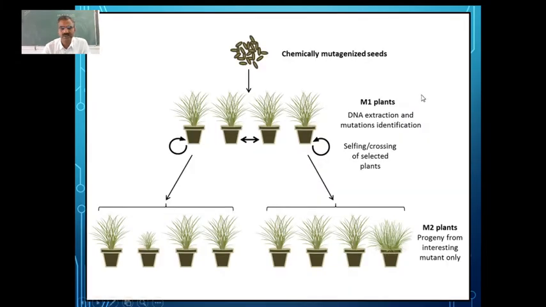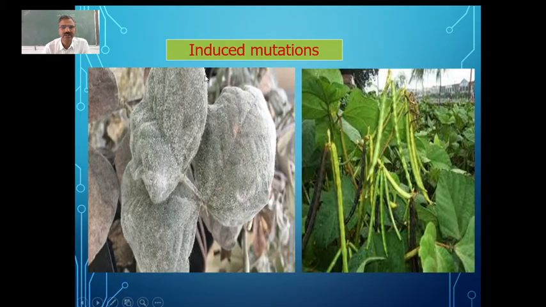Then this is another picture showing chemically mutagenized seeds. The seeds have been changed, they have been mutated in this case. You can see the example here.